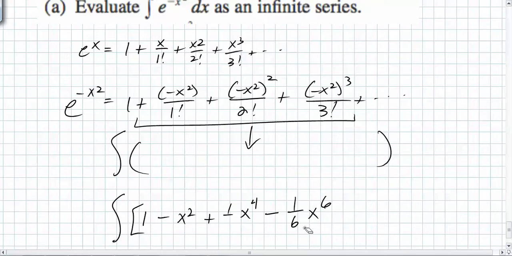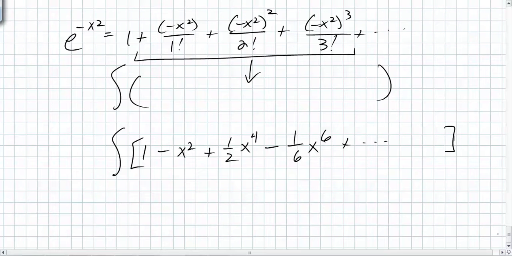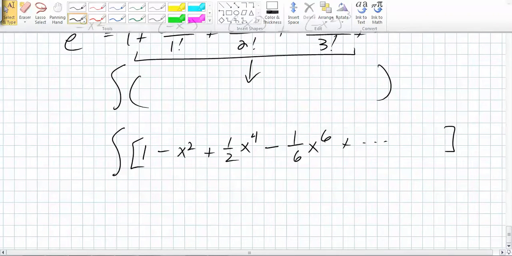And what's easier to do if we're going to do this out? We could do 1/2 and 1/6 like this, right? And the thing is, can we write as many terms as we want? Sure.